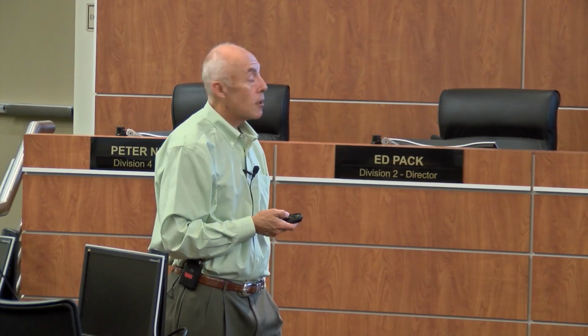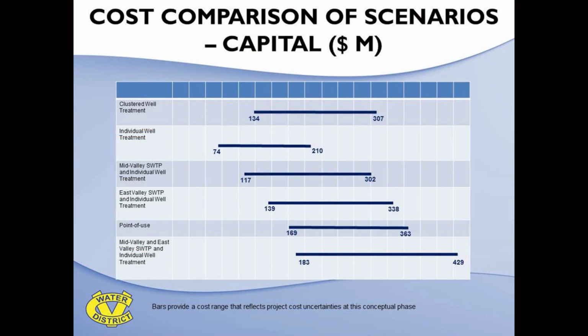So what is this stuff going to cost? We've looked at both the capital costs and the operation and maintenance costs. And you can see the capital costs range from, and here are the various options that we've looked at: clustered well treatment, individual well treatment, mid-valley surface water treatment plant with well treatment, East Valley surface water treatment plant with well treatment, point of use treatment, and then a combination of surface water treatment and well treatment.